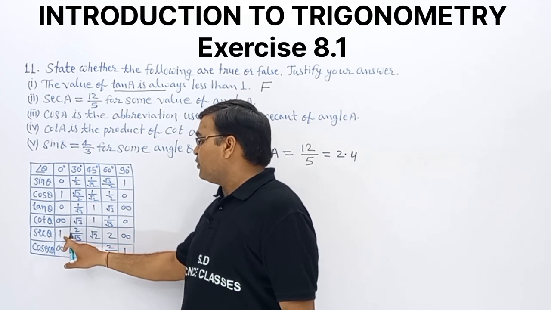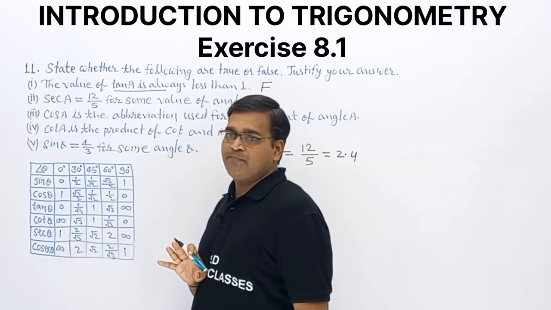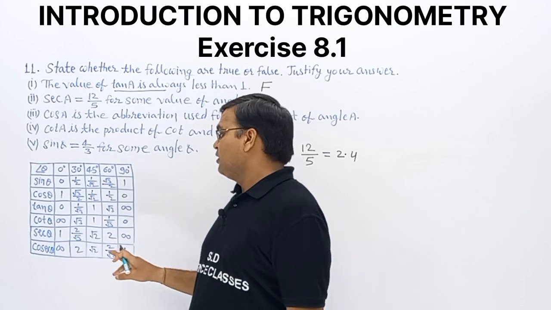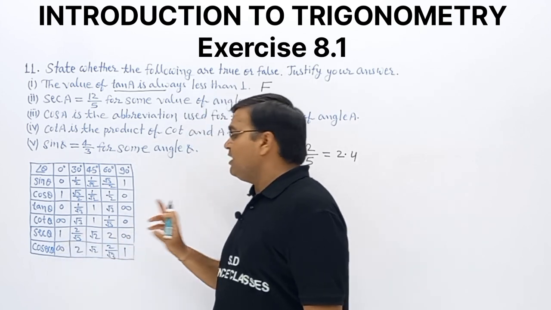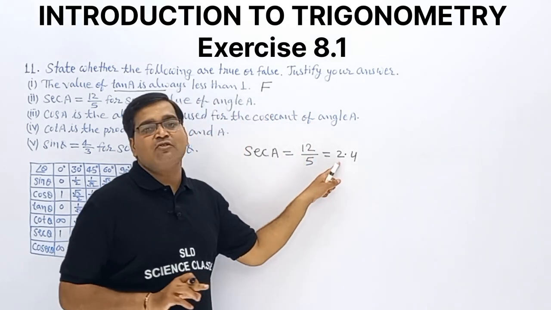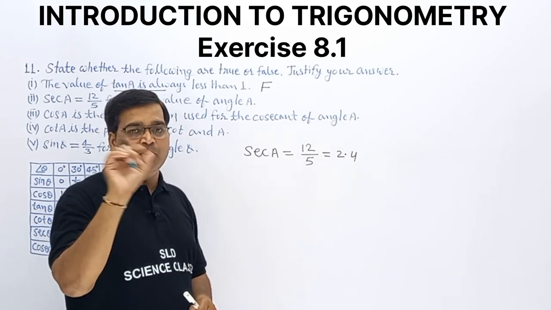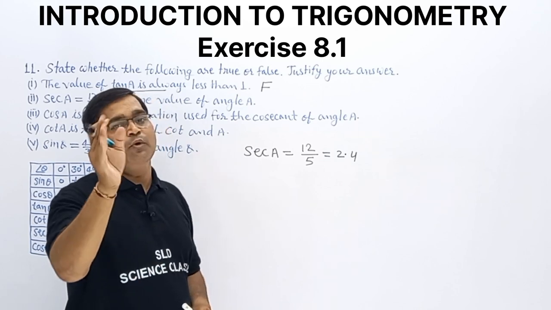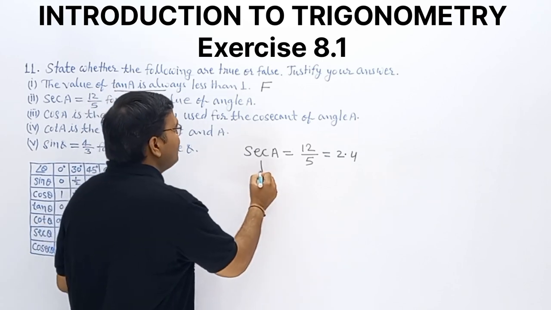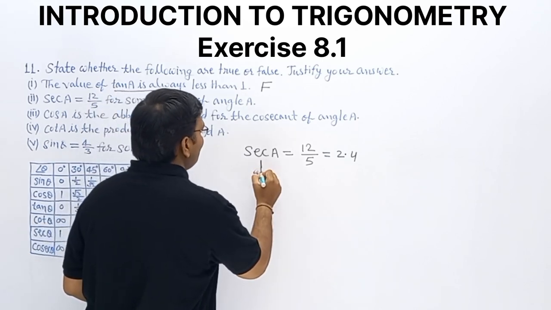Observe, where is sec theta? Sec theta varies from 1 to infinity. Is 2.4 in between 1 and infinity? Yes.